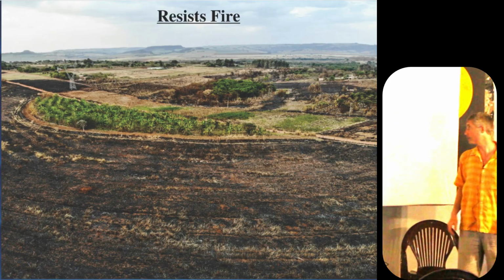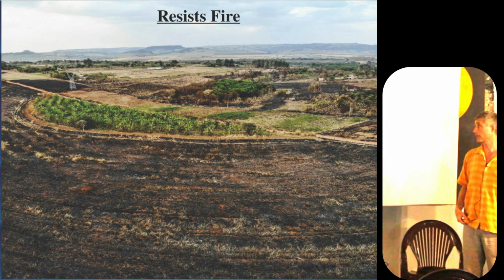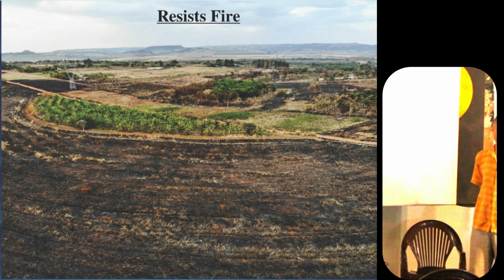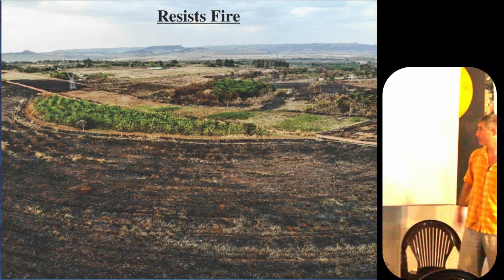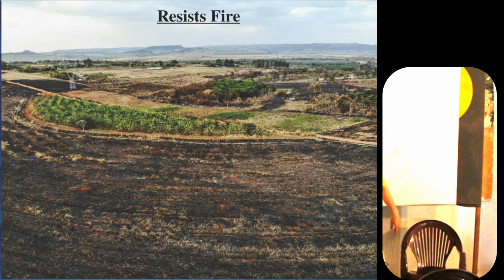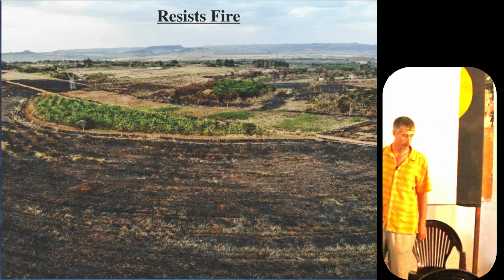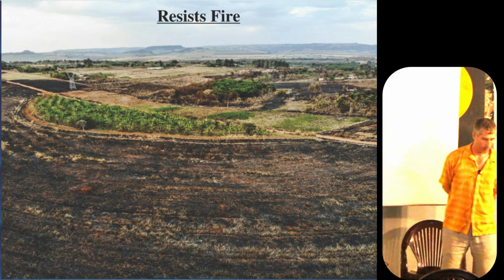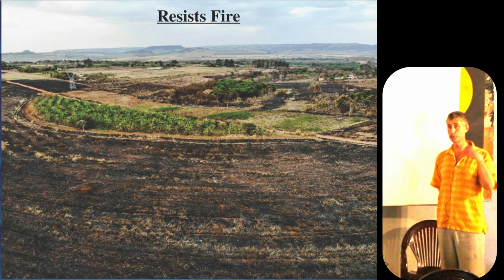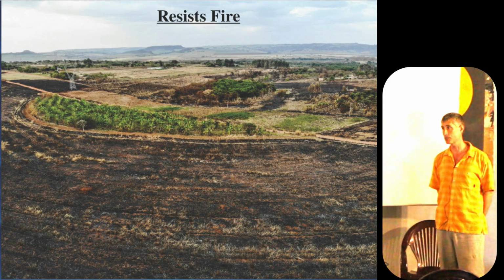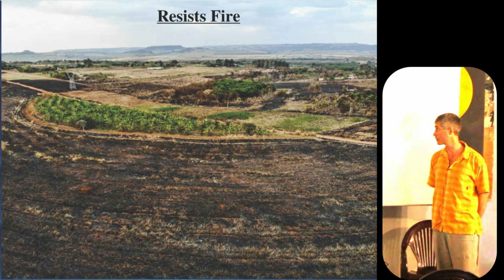This is an image from Brazil helping to highlight how, in some cases, syntropic farming can resist fire. This property, which looks like a lens or a half circle, belongs to one of the experts or consultants that comes to Brazil. His name's Paraguay. This is his property that he'd been working on for years.